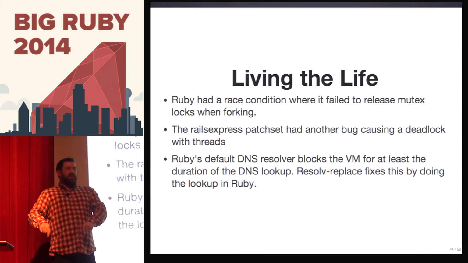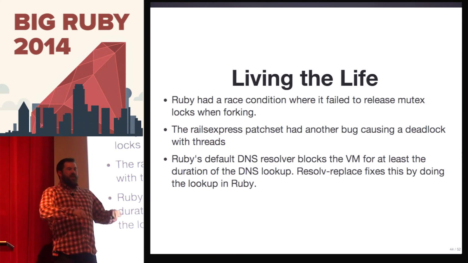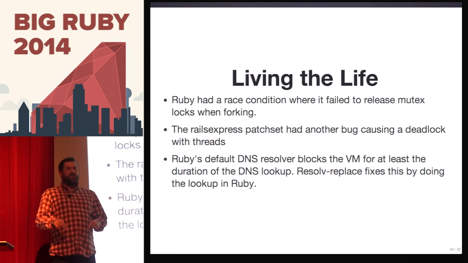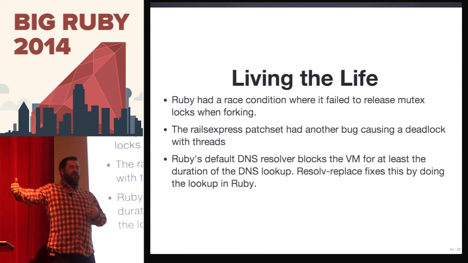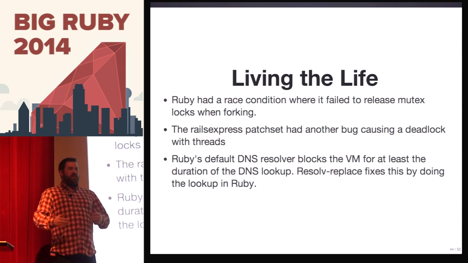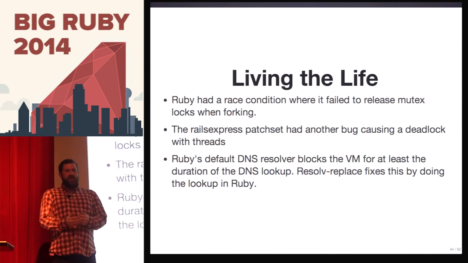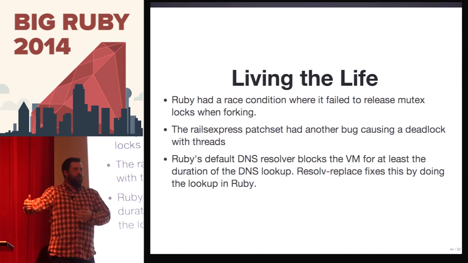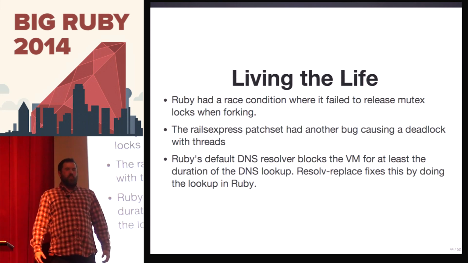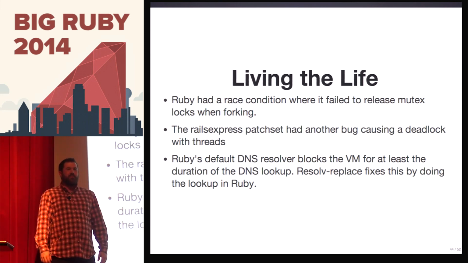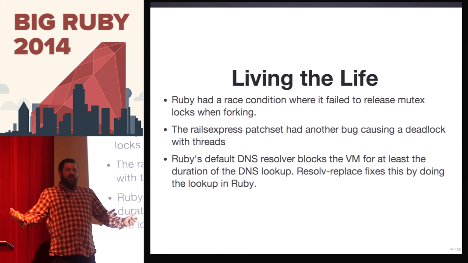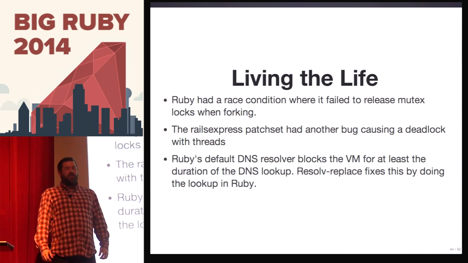But it dropped into C in a way that didn't release the GIL, which meant every time you request a DNS address, for the entire length of that DNS request, your process is locked. Nobody else can do anything, and they're waiting on that to come back. So if you have a slow DNS request or a minor network blip or any number of things that will occur hundreds of times, your process just hangs out there for a while.